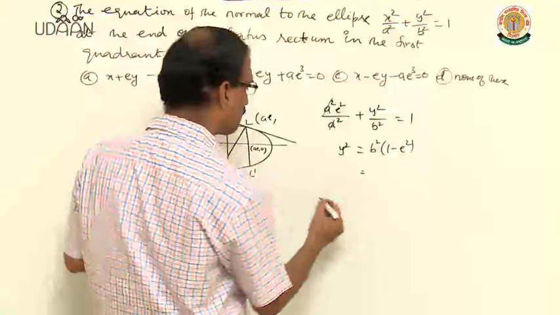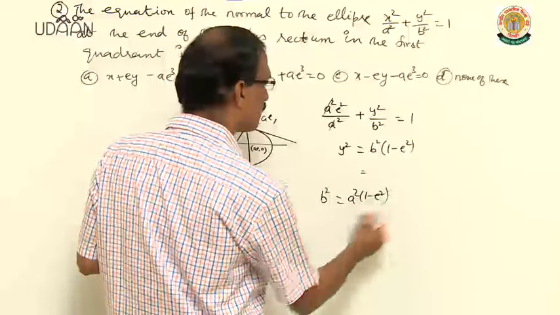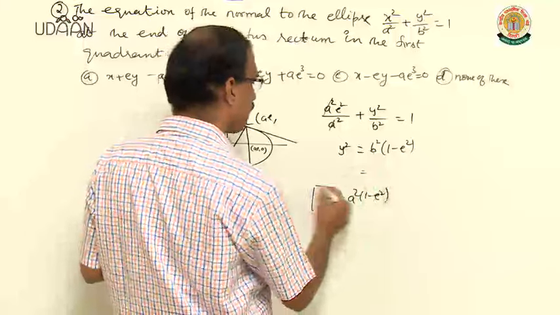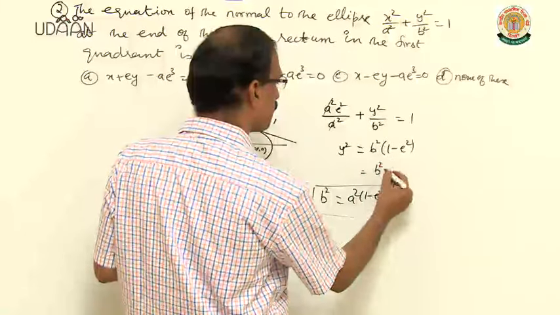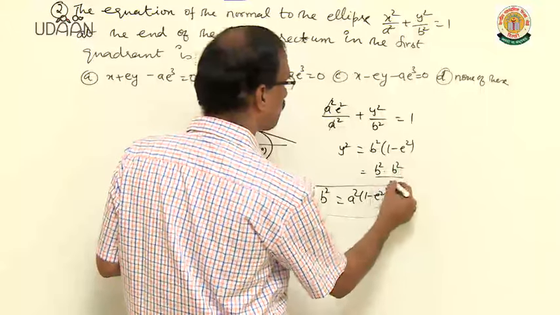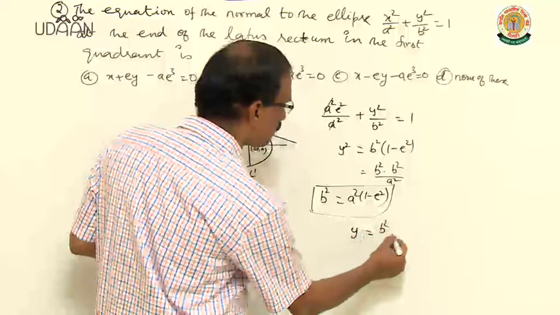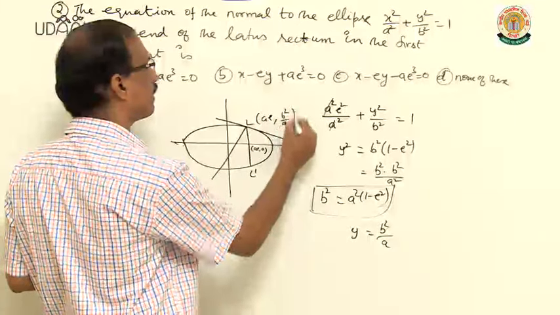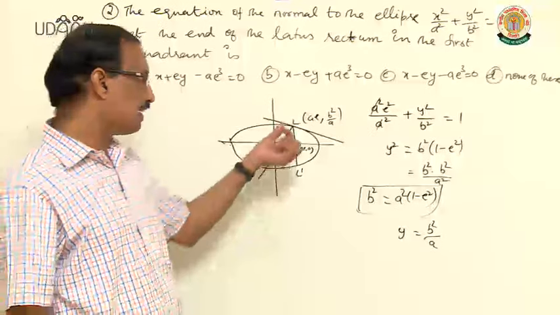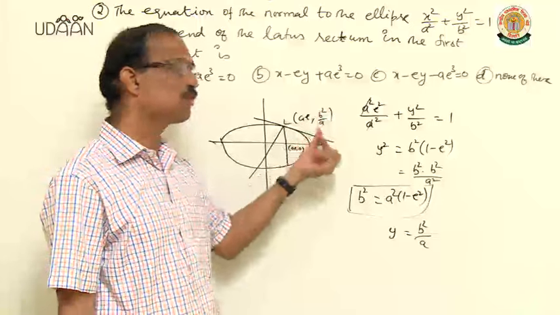We know that b square equals a square into 1 minus e square. So this gives us y square equal to b square into b square by a square. So from this we get b squared by a. So the coordinates at the end point of the latus rectum are ae, b squared by a.